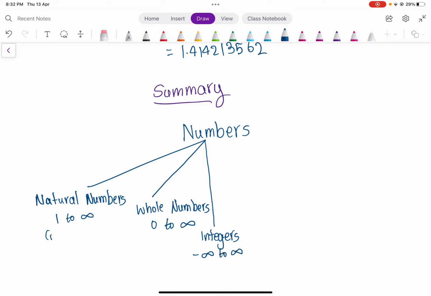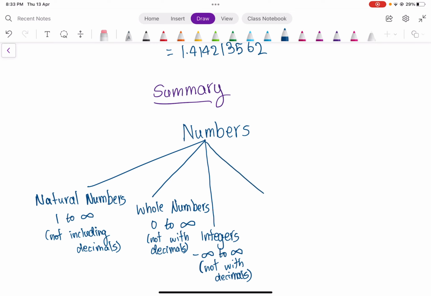Oh, and all of these are not including decimals.